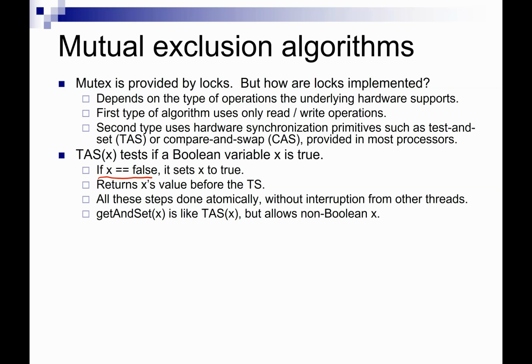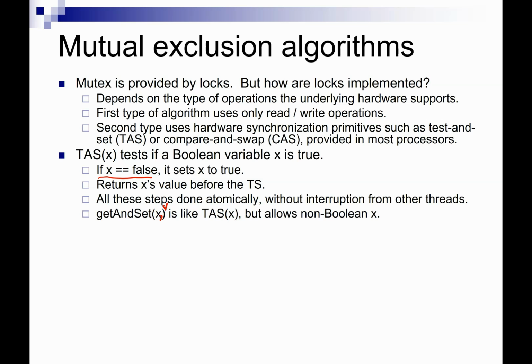There's something similar to test and set, which is get and set. There are two arguments: the variable and a value. Get and set generalizes test and set, because for test and set, x is a Boolean variable, either true or false, whereas for get and set, x can have any value, let's say an integer.